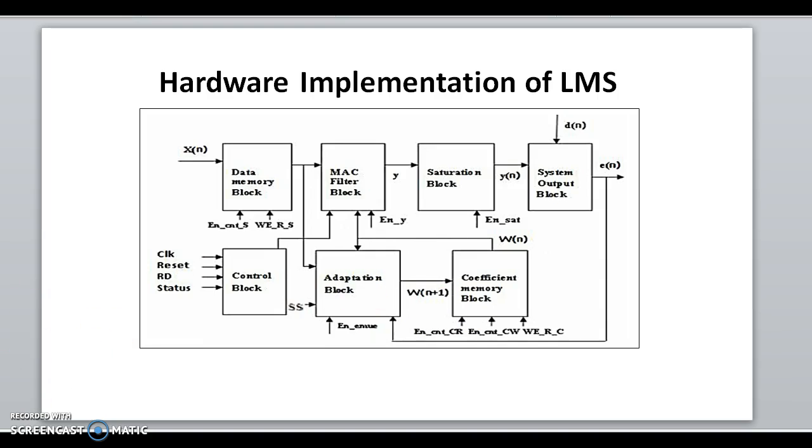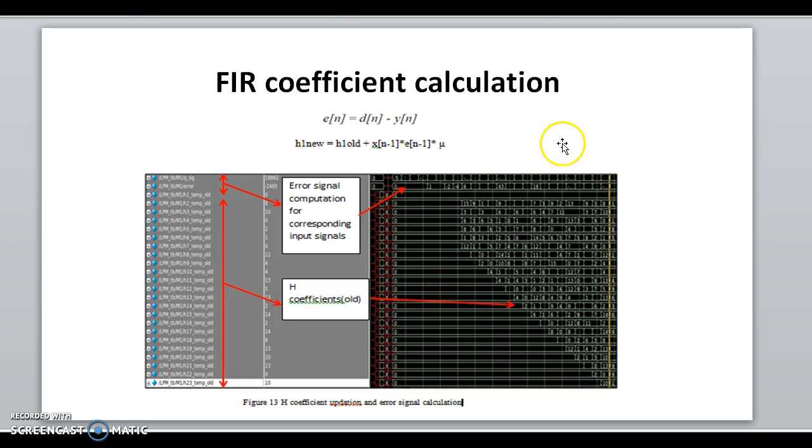After the implementation of the adaptation filter, let's go see the output. Here you can see these are the equations which are used to compute the error signal and the new coefficients, and these are the output simulation values taken from ModelSim.